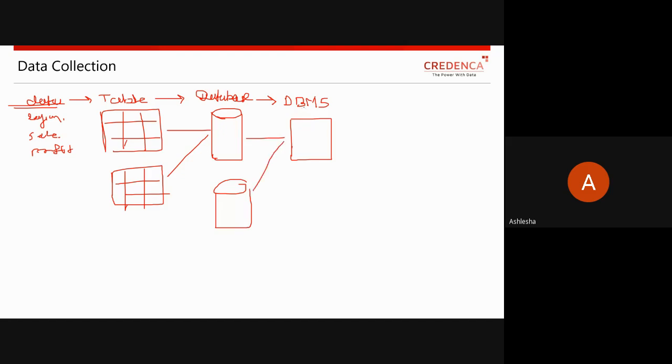DBMS is not any platform. We can say it is just software, and it is used as a user interface. It acts as a user interface so that the user can get the required data from the required database.